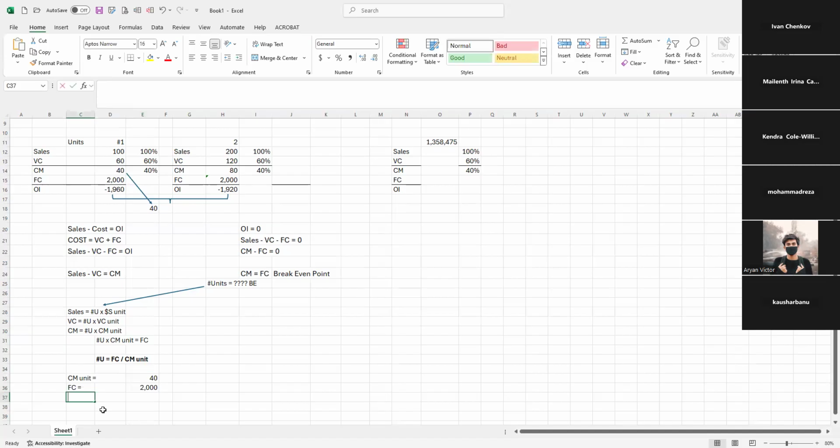Yes. So the number of units will be equal to 2,000 divided by $40, this one divided by this one. So we need to sell 50 units.